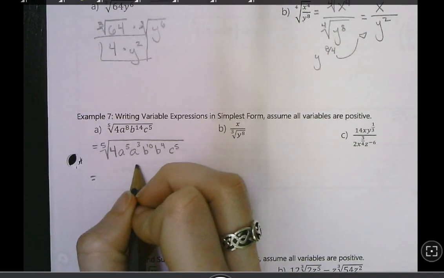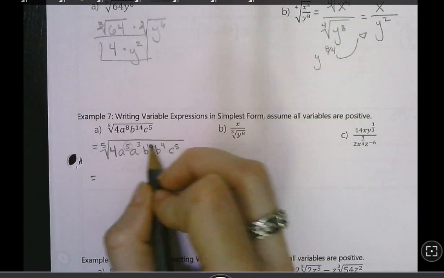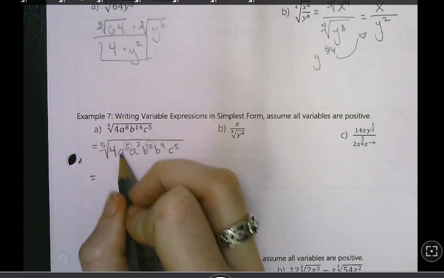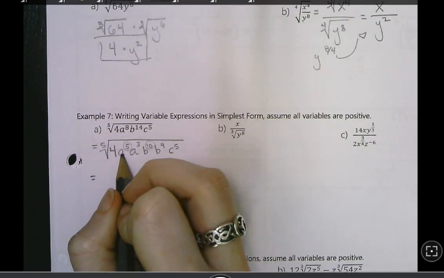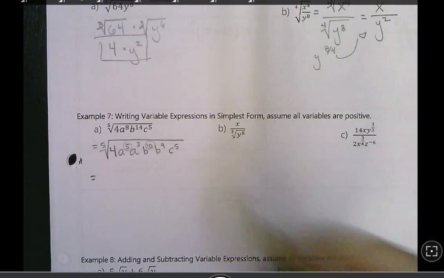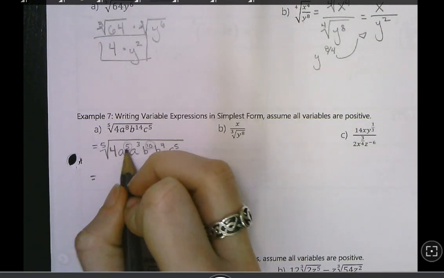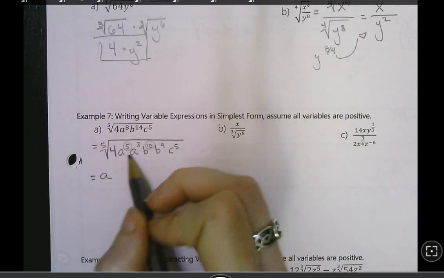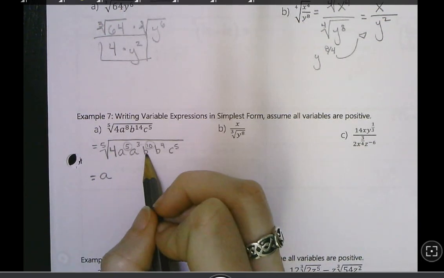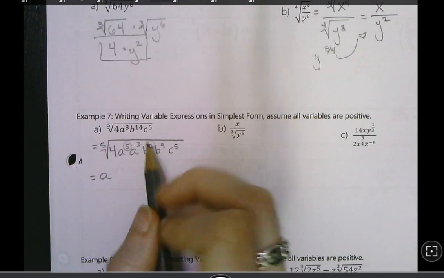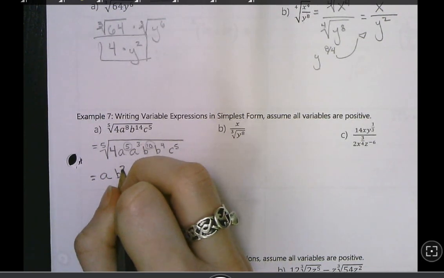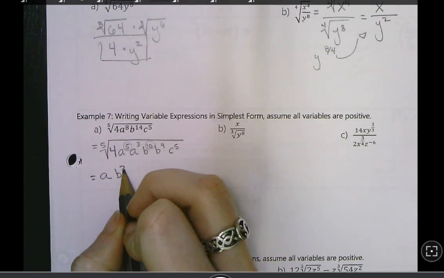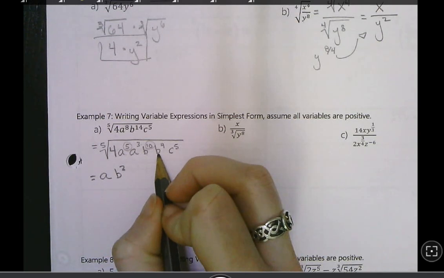So here, I can now take anything that's to the 5 or divisible by 5 and take those out in front. So this 4 here, nothing can change. But this a to the 5th, well, if I divide by 5, I get a to the first power. A cubed is stuck. Well, b to the 10th divided by 5, though, that's an even 2, so we have a b squared, because 10 divided by 5 is 2. That one's stuck.